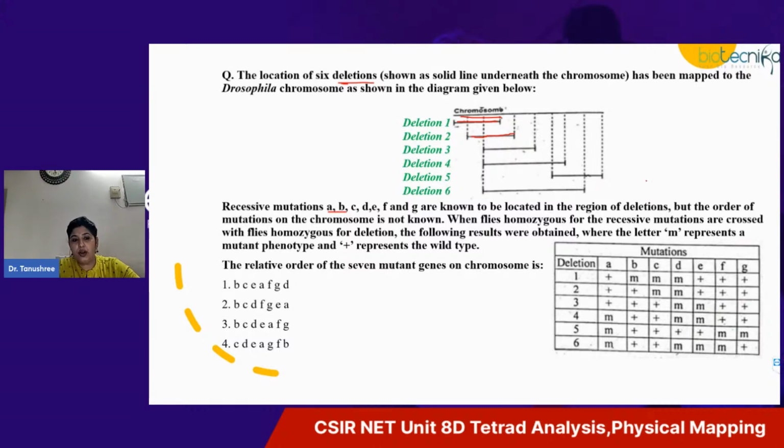But we don't know the order of the mutations on the chromosome. When flies homozygous for recessive mutations are crossed with flies homozygous for deletion, the following results were obtained, which you can see here, where M represents a mutant phenotype and plus represents the wild type. You have to find out the relative order of the 7 mutant genes on the chromosome.